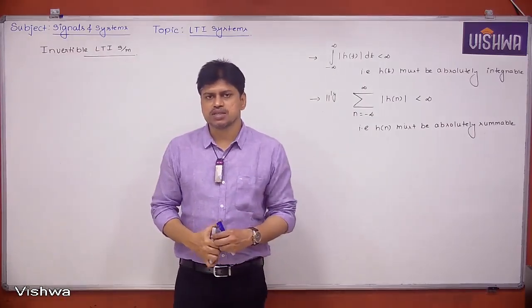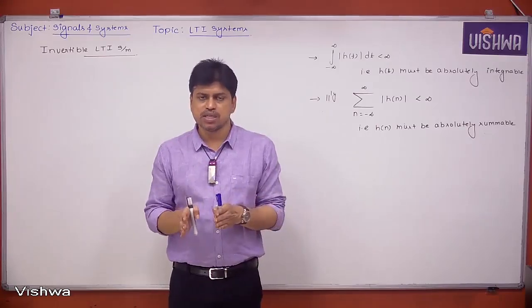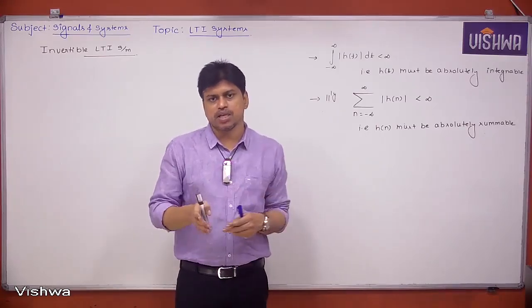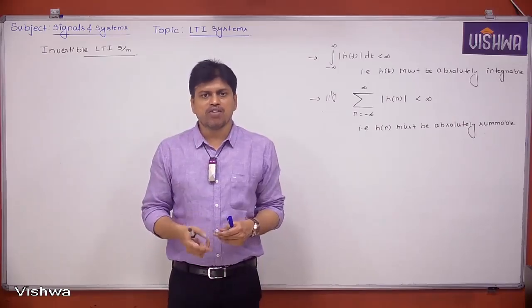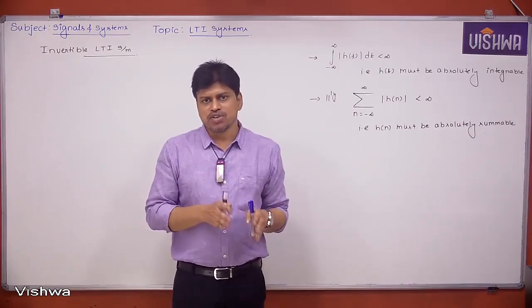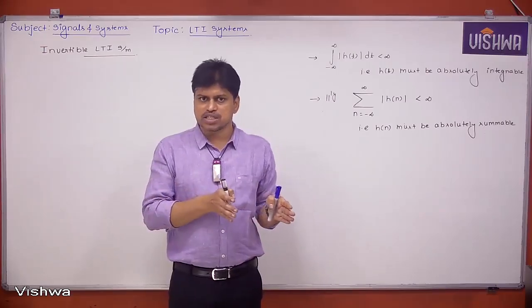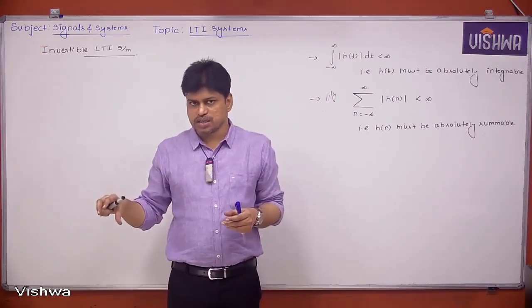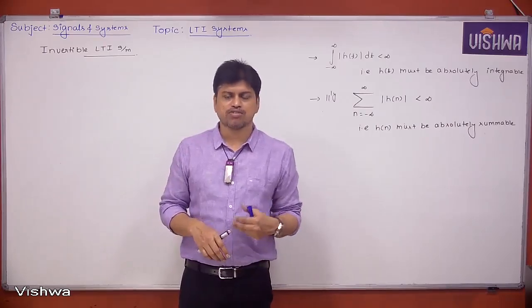Invertible system means for a system there exists an inverse system. If there exists an inverse system, then we can say the system is invertible. Inverse system must be such that if you cascade the system and inverse system, whatever input you give, that same input is what we are going to get as output. That's the meaning of inverse system.